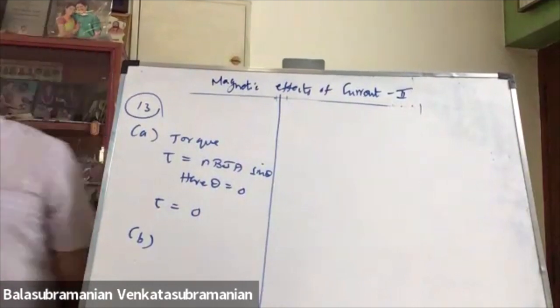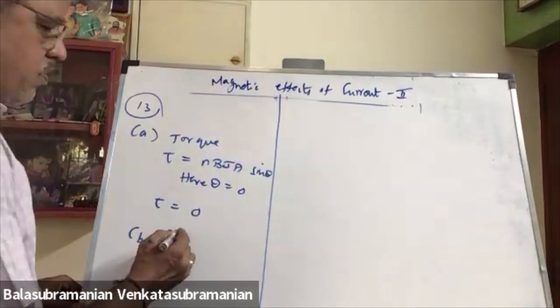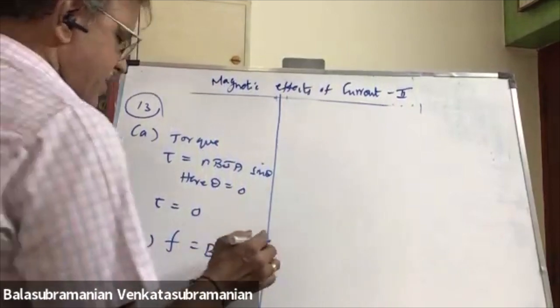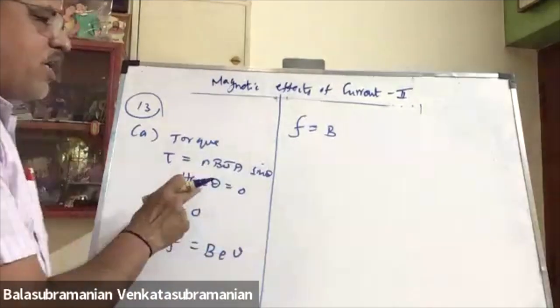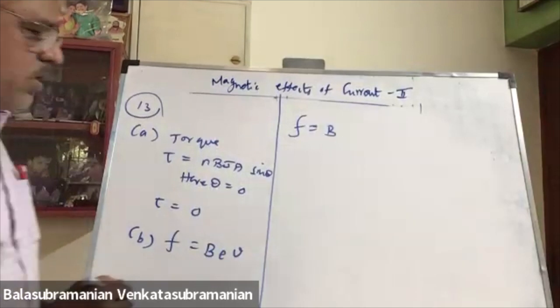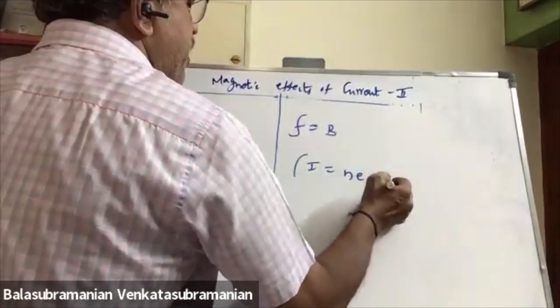Okay. Second part. What is the force on each electron? F is equal to BeV sin theta. In our case, BeV. Rectangular coil formula is different. So, B into I is equal to NeAV.